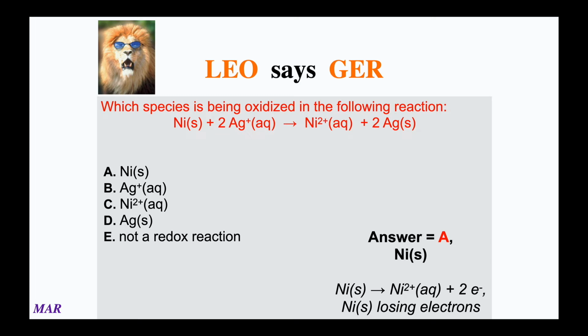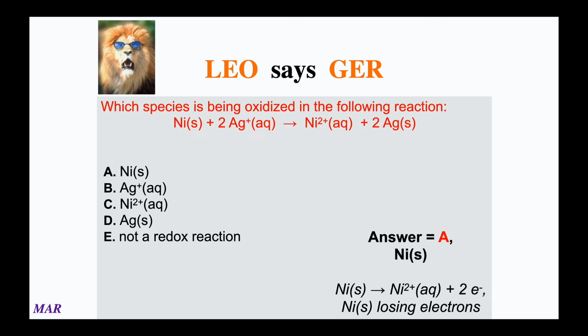Another way you can do this is you can look at the oxidation numbers. If an element or species doesn't have a number next to it, for example, nickel solid, that means it's a 0. So nickel is going from a 0 to a positive 2 on the product side. If the oxidation numbers become more positive, that means it's being oxidized. Conversely, the silver is going from a positive 1 on the reactant side to a 0.